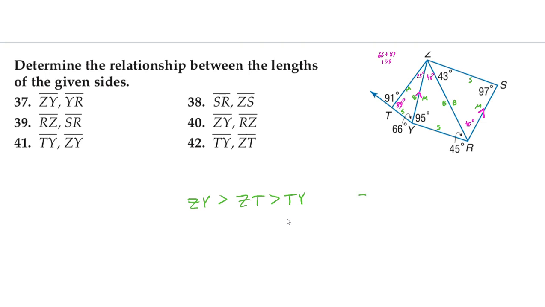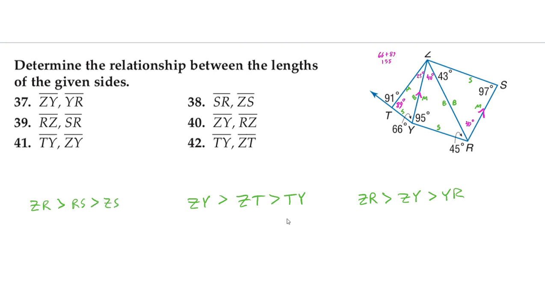We have ZR is bigger than ZY, and that's bigger than YR. And then the last one, I'm writing it on the left because I have space there. We have ZR is bigger than RS, which is bigger than ZS.